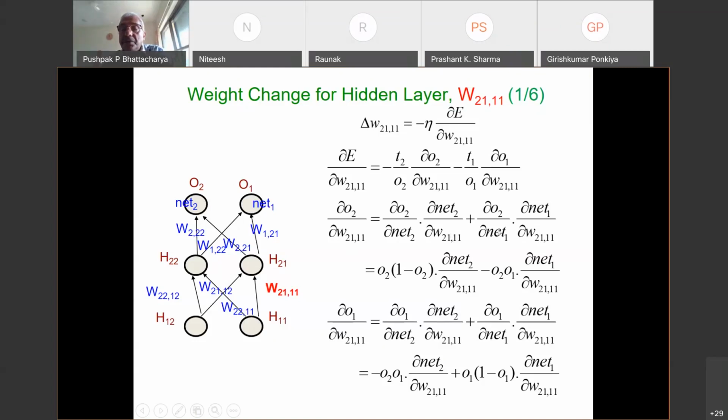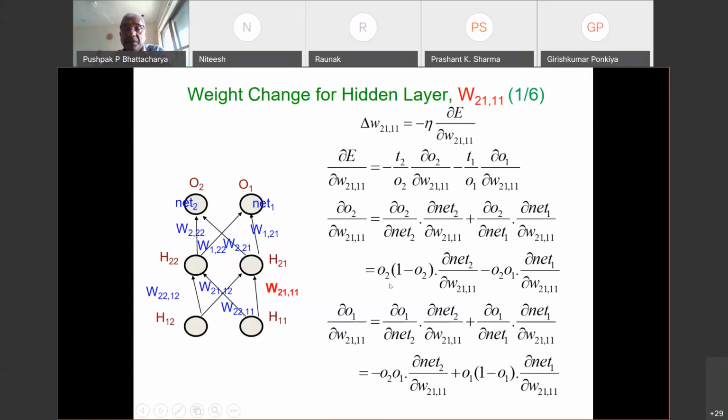So we have to introduce both these controlling variables. Now, if it was not softmax, we would not bring in net 1. We would be happy only with O2 and net 2. Because it is softmax, we have to bring in net 1 also.